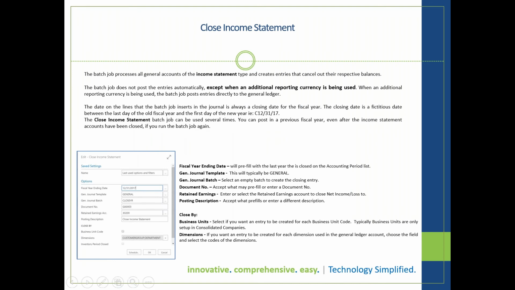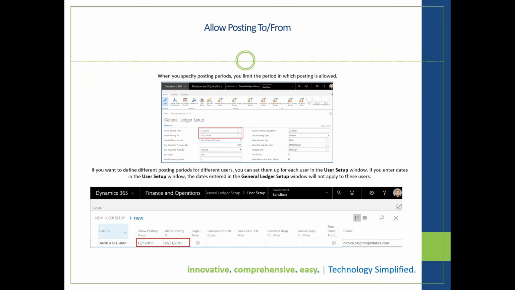And again, the same helpful hints here: check your balance sheet and income statement, set up your column layout, make sure your batch for your close income statement is empty, and modify your posting from dates.